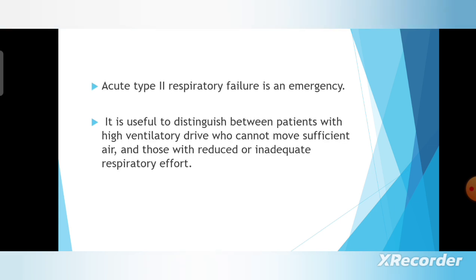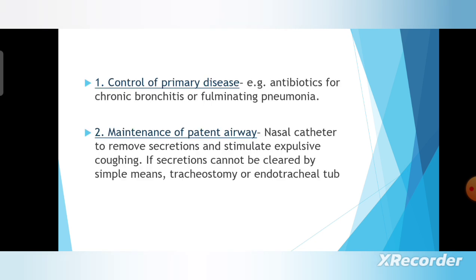Acute type 2 respiratory failure is an emergency. It is useful to distinguish between patients with high ventilatory drive who cannot move sufficient air and those with reduced or inadequate respiratory effort. So first is control of primary disease, for example, antibiotics for chronic bronchitis or fulminating pneumonia.